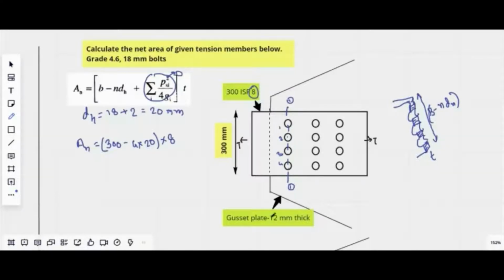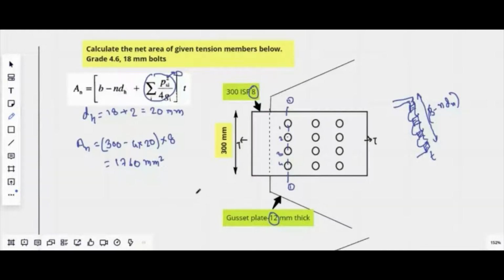One thickness is 8 mm, the other thickness is 12 mm. So I am taking the minimum thickness. The net area of the section, if we substitute, is 1760 mm square. This is the case where we have selected the chain bolting.